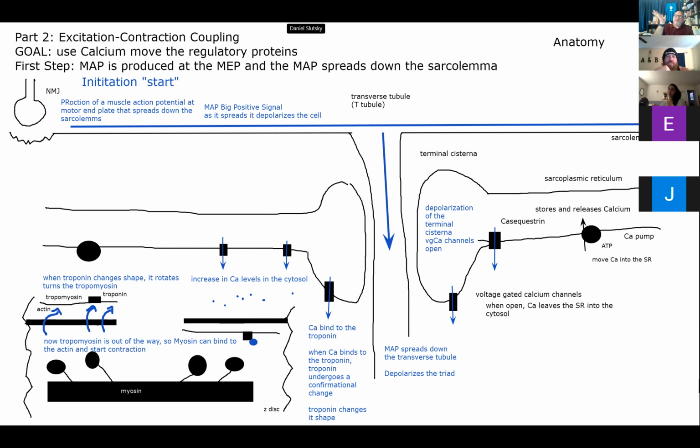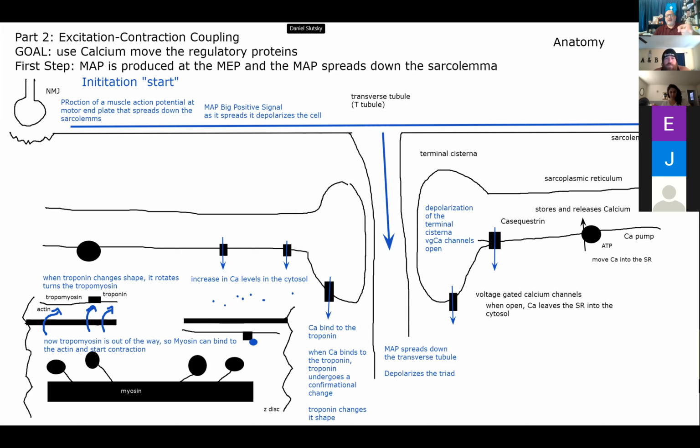It is primed and ready to do work, but you can't do work until you pull the trigger, right? Once some event occurs, then it's able to do its work. So yeah, when the muscles relax, those myosin heads are primed and ready to do their work, but they're not doing anything yet because those darn regulatory proteins are in the way. But as soon as they're out of the way, then those primed myosin heads are ready to do their work.